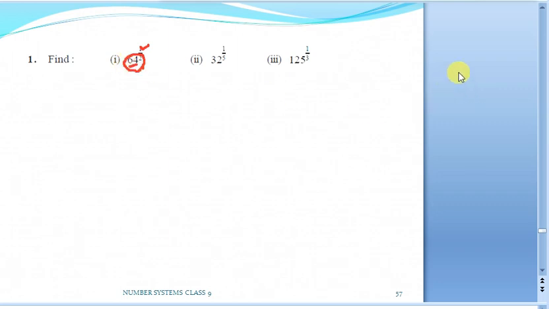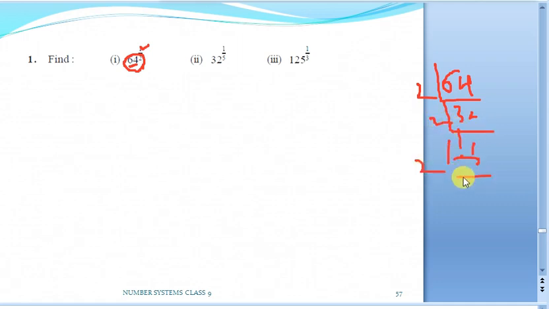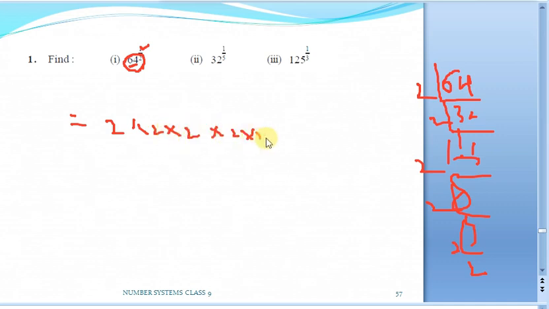If you prime factorize 64, what will you get? 2 into 2 into 2 into 2 into 2 into 2, 6 times, right? So it will be 2 power 6, whole power 1 by 2.